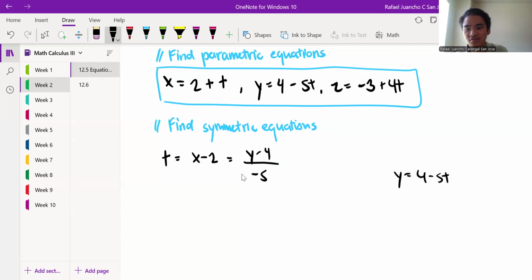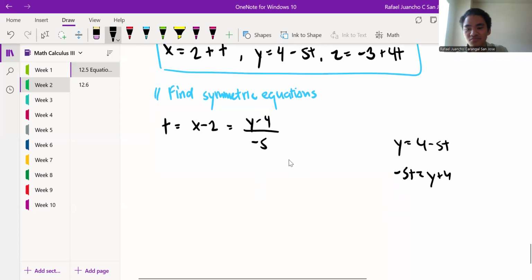Here, when we isolate t, what's this gonna look like? 5t is y plus 4. 5t is, oh no, it's just minus. It's minus 4. And so this just switches, 4 minus y. Then divide that by 5. So t is 4 minus y over 5.